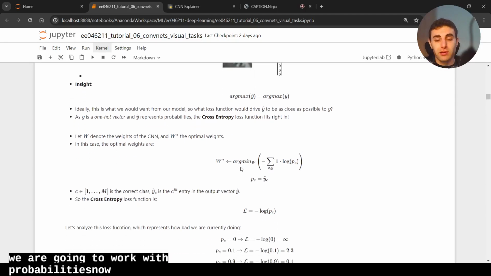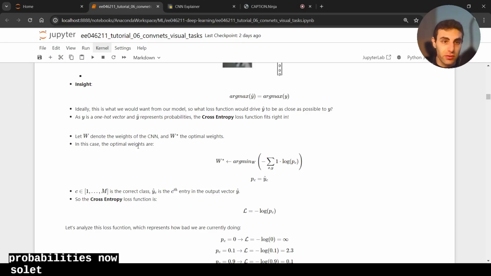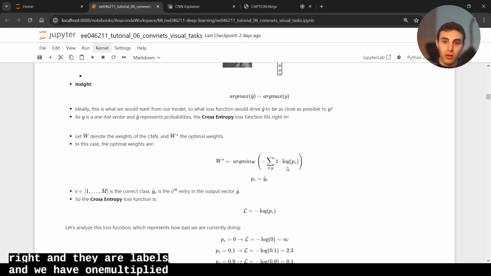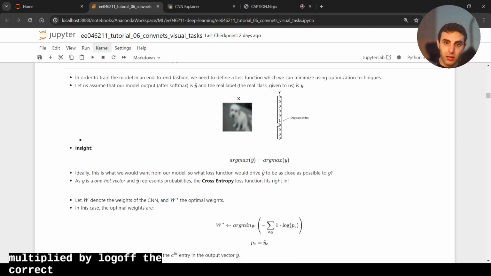The way it works is we calculate the cross entropy. Let W denote the weights of the CNN and W star the optimal weights, the W that minimize this loss function. X and Y are the data and the labels. We have 1 multiplied by the log of the correct cell in the probability vector.